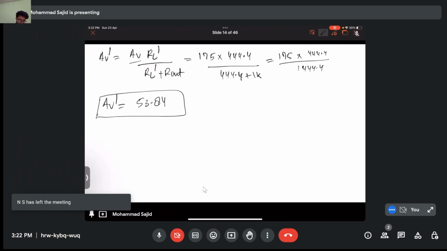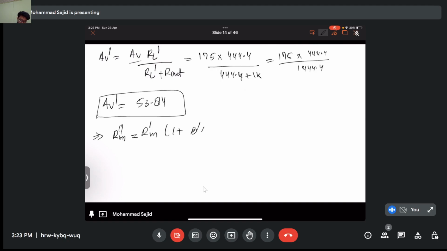So my Rn dash, we can just directly calculate it as Rn dash plus 1 plus beta dash AV dash. So this is 2k plus 1.5k, because now you have another resistor in series. So if you take the whole feedback network into account, then you have to change the input resistance as well. So it will be 1 plus 2 by 35 into 53.84.